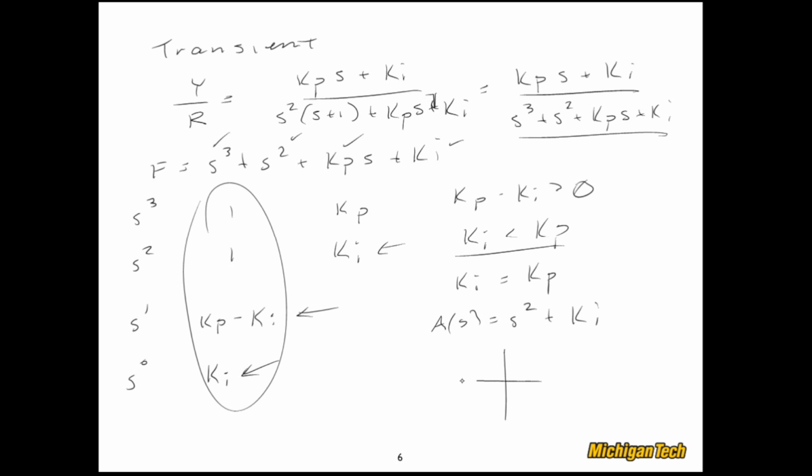And when that happens, in the complex plane, the closed loop poles are on the imaginary axis, because the roots of this A(s) are also roots of the original characteristic equation. They are complex, but they're actually imaginary, to the tune of plus or minus square root of Ki. So there they are in the complex plane. So that's when Ki equals Kp.